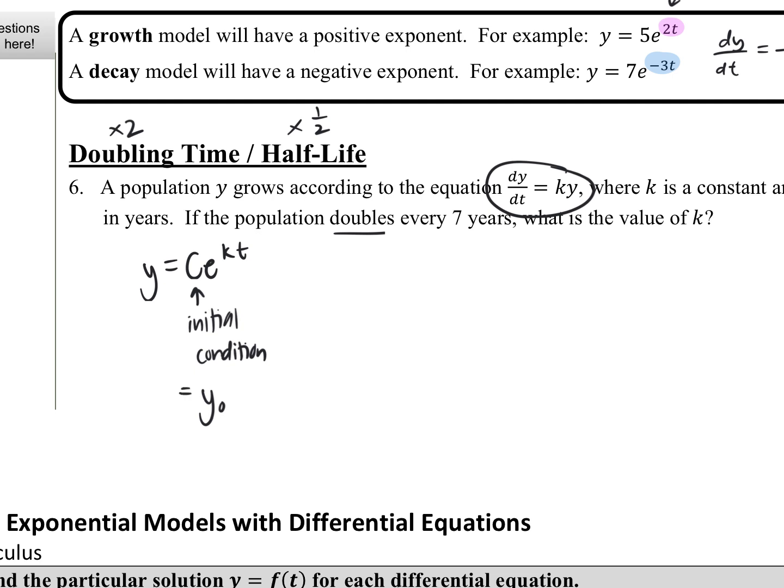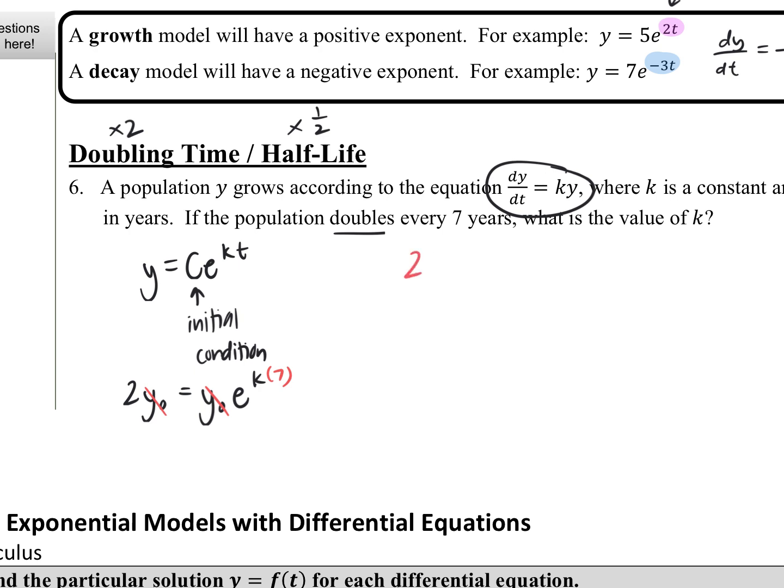Then on the other side, when I double it, I'm going to be left with 2 times y sub 0, or 2 times x if you chose x. And now when I start solving this, oh, I forgot also, what is my t? 7. Now I start solving this, my y naughts are going to go away.